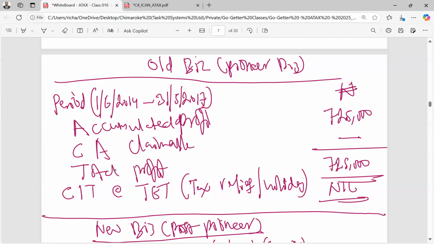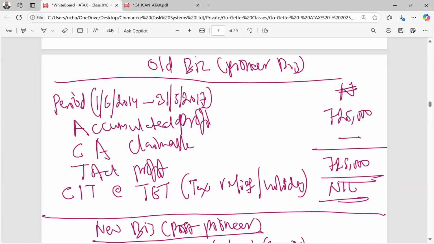So that's why we need to learn our basis period, our commencement rule, our cessation rule. Sometimes a business can be ending in order to start a pioneer business. We will need to use the cessation rule to deal with that. So pioneer business is always an irregular occurrence, and know that you are going to be dealing with basis period.